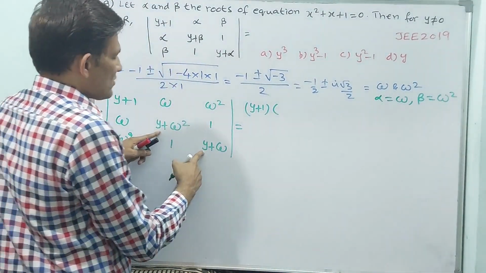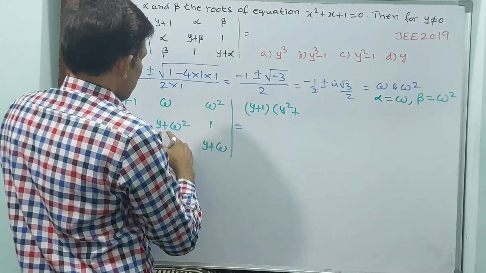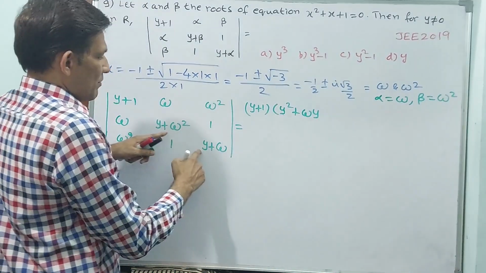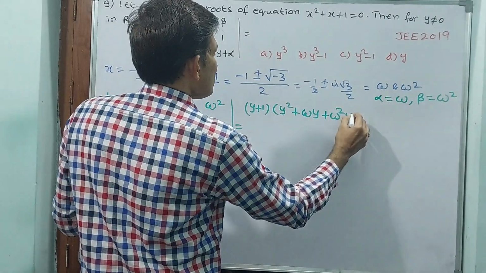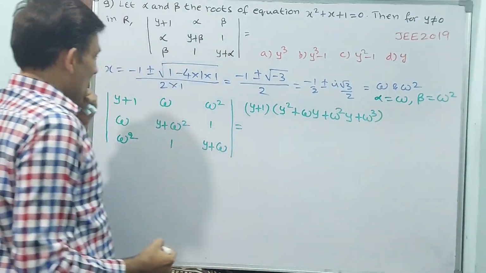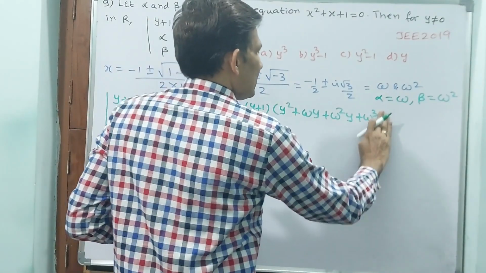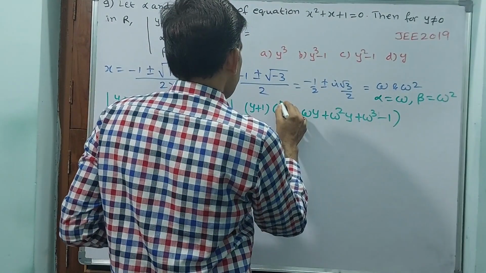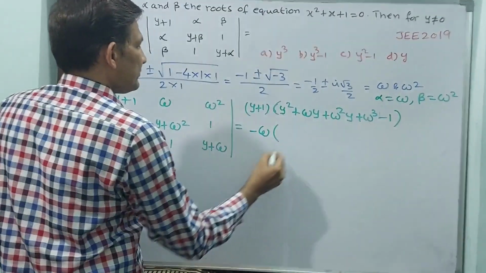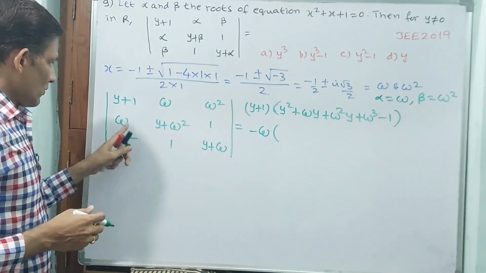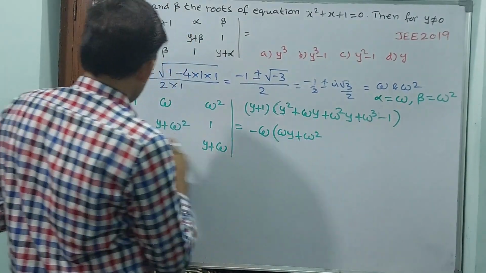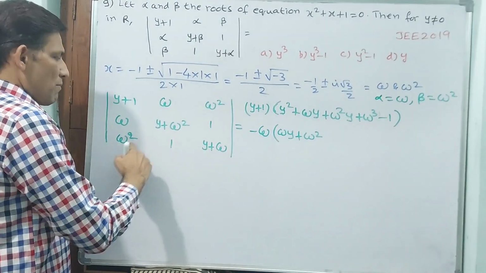Shall I write it in one go? y square plus omega y plus omega square y plus omega cube. Minus 1, this also keep like this. Minus omega into, see, omega y plus omega square; omega y, omega square; minus omega square.